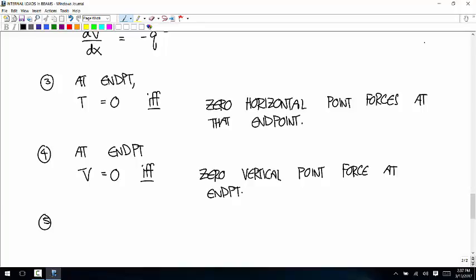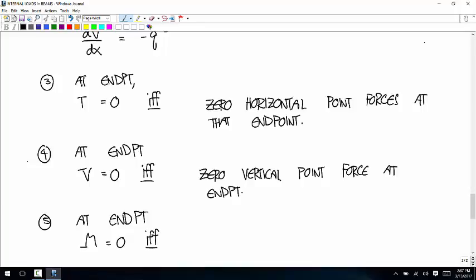Number 5, at an endpoint, the bending moment is equal to 0 if and only if. What do you think this will say? If and only if there's 0 point couple at that endpoint.